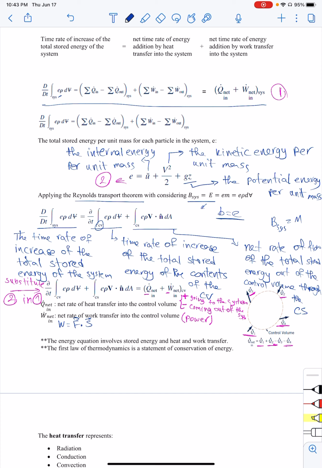And for power, W dot is the net rate of work into the control volume, so the net rate means over time. If we divide S, which is the distance, by time, it gives us velocity. Then W dot is force times velocity, which is the definition of power. So this is power, this is work.